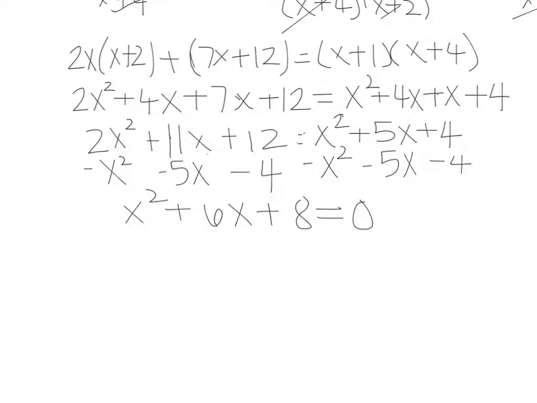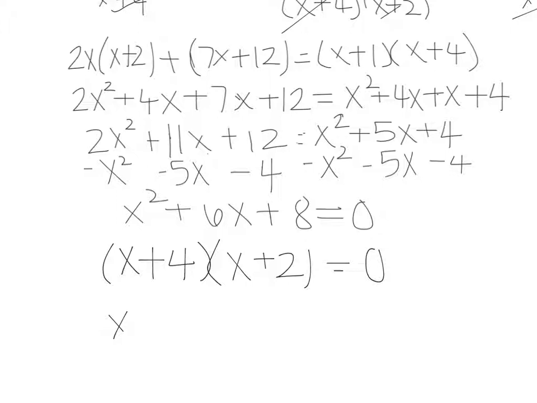Factoring x squared plus 6x plus 8, this is the denominator of one of our original terms before we found the LCD, so I know it factors as x plus 4 times x plus 2. Solving for each x, we get x equals -4 and x equals -2.